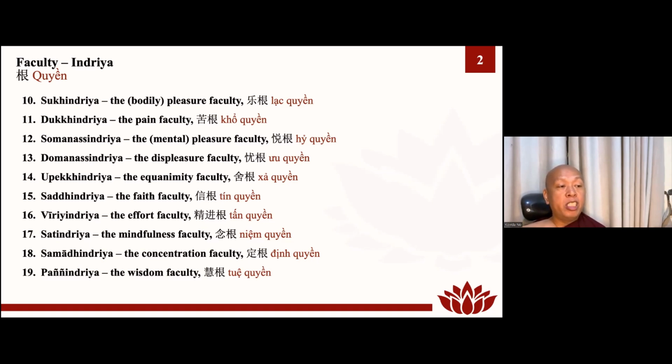Okay, now 18, samadhindriya, the concentration faculty. You have already known concentration, many different types of concentration. Access concentration, absorption concentration. We can also say many other ways, momentary concentration. Then we also have many other approaches like the eight attainments.